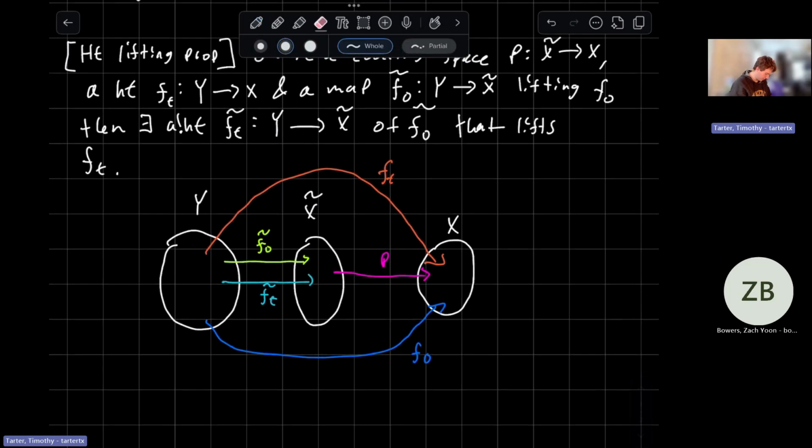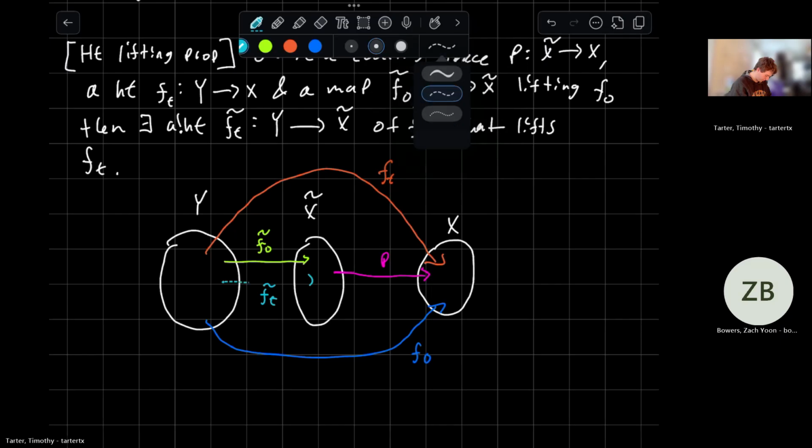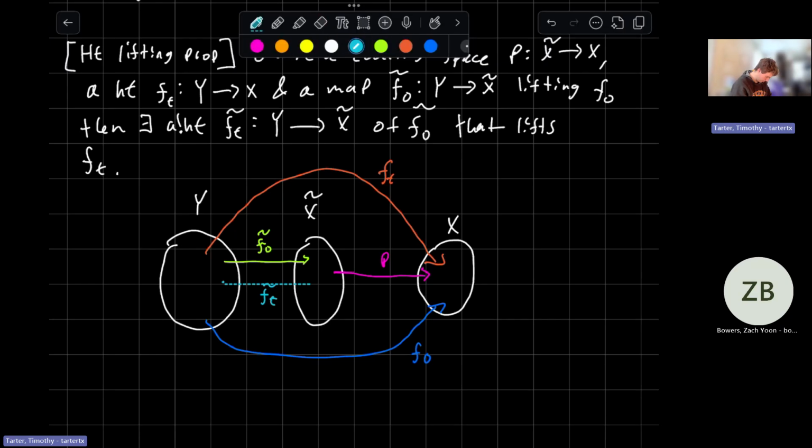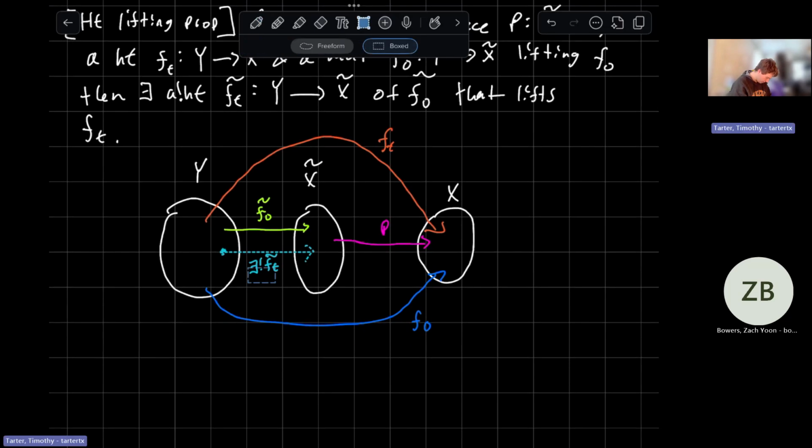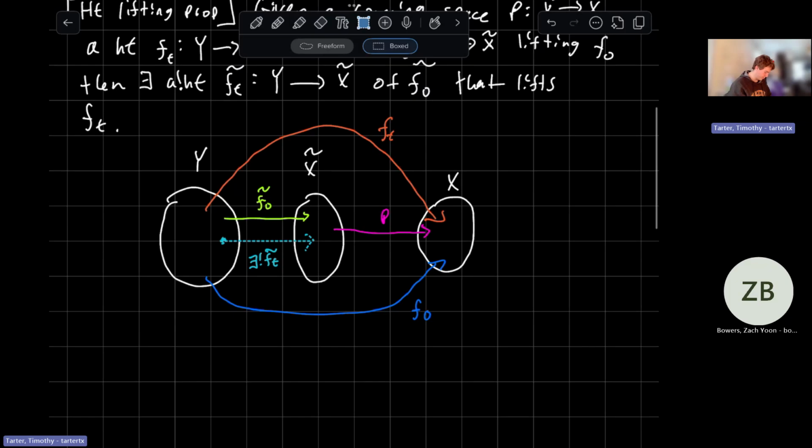So the thing that's induced, hold on, let me put it in blue. And it's a lift with respect to p.